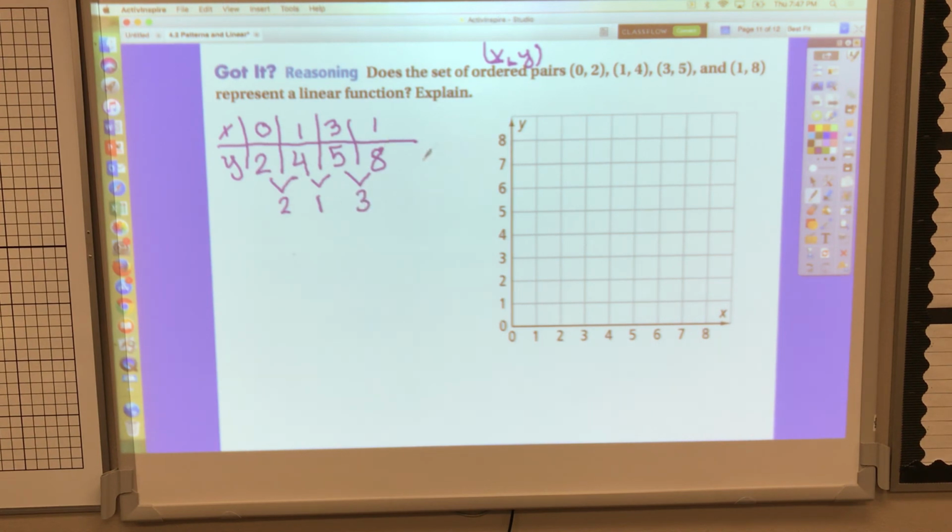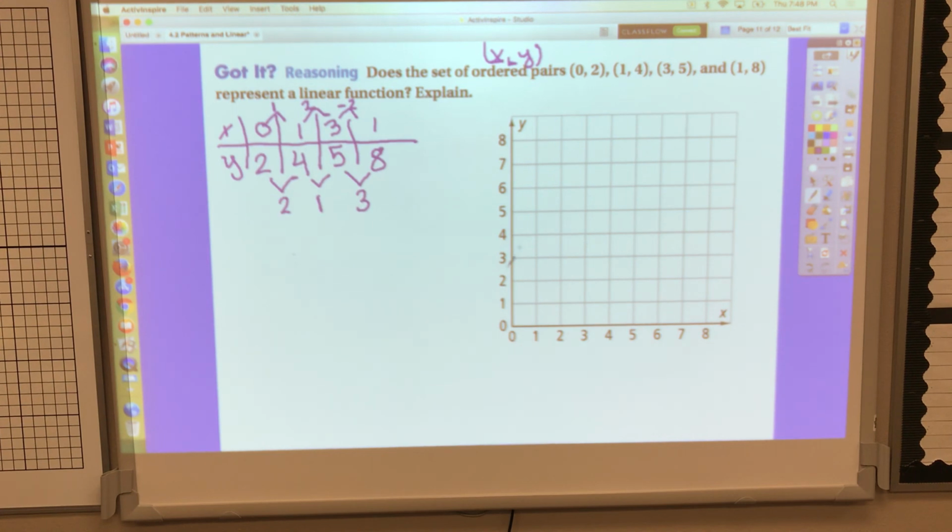And the problem with doing it this way is this doesn't necessarily guarantee me it's not a function, because when I look at the top, this is going up 1, this is going up 2, and this is going down 2. Okay, so since neither one of them is constant, I don't really know for sure right now if it has a constant rate of change.